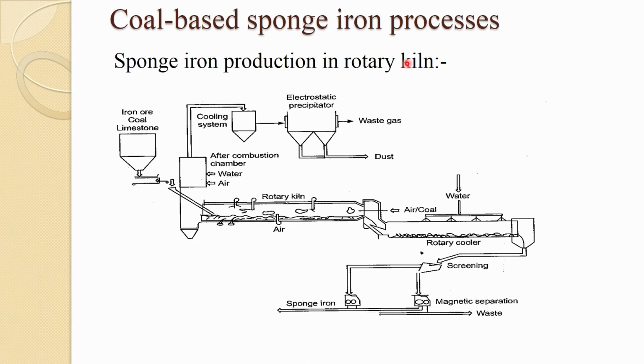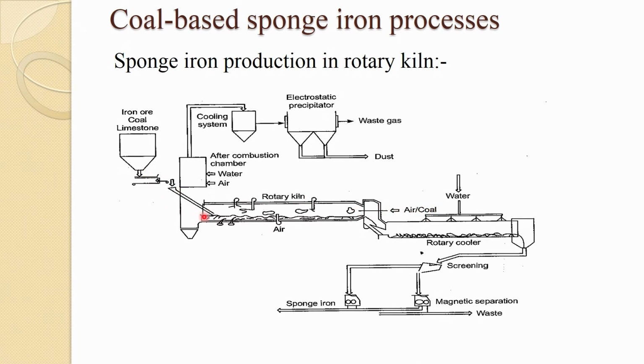Essentially, iron ore, coal and limestone are mixed together like a composite and fed, sometimes in composite pellet form, through the tube into the rotary kiln. Gas is supplied through that, and sometimes burners supply the fuel, mostly from the exit side.